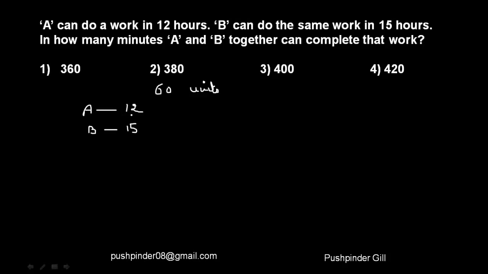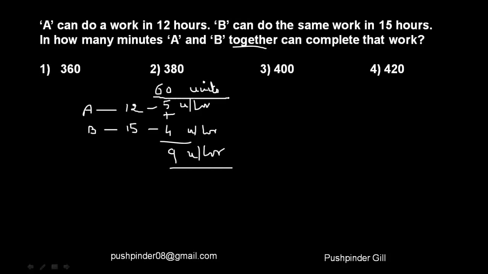Now if A can finish the task in 12 hours, that means he must be finishing 5 units per hour, right? So this is the rate. Similarly, B can finish the task in 15 hours, that means he must be finishing 4 units every hour. Since both of them are working together, they will be finishing 9 units every hour. So they finish 9 units every hour and the work is of 60 units.